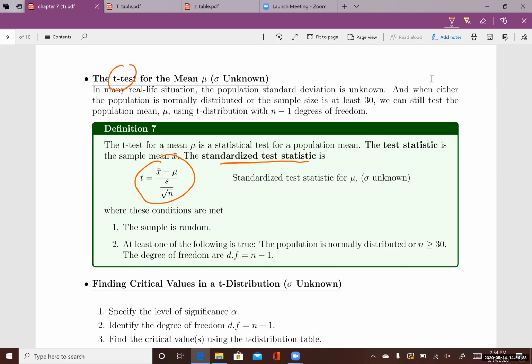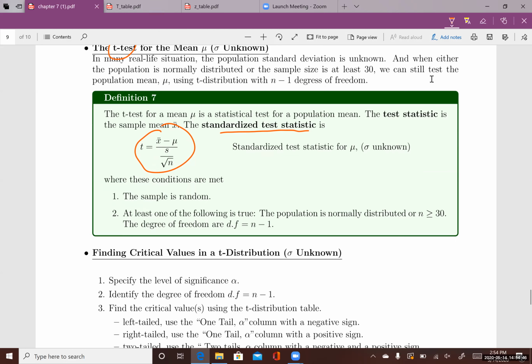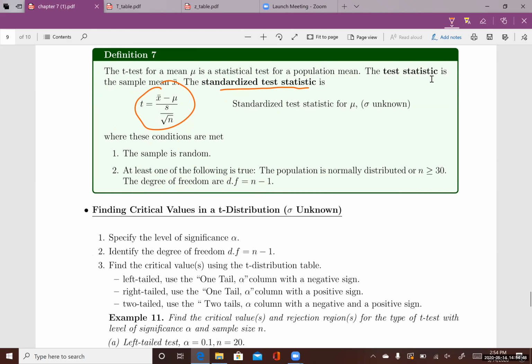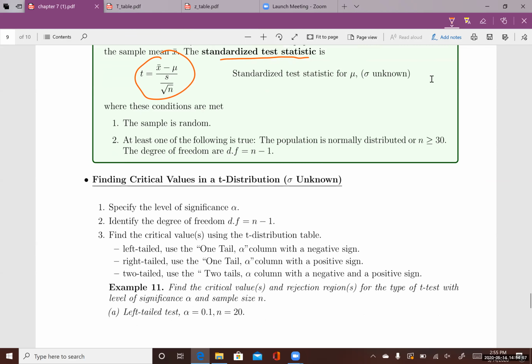It's the difference between the sample mean and the population mean divided by s divided by the square root of n, right? And in this class, you can use critical values to make decisions.